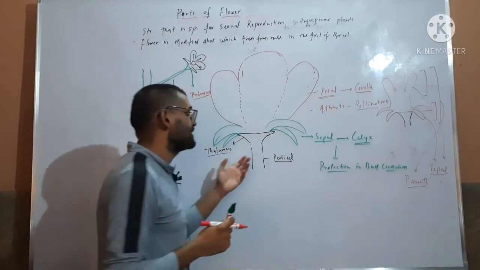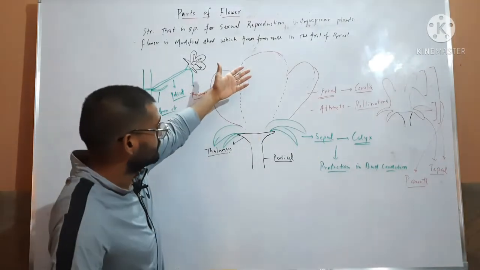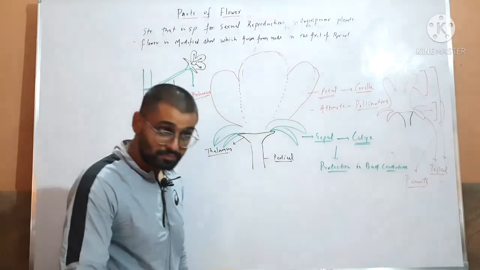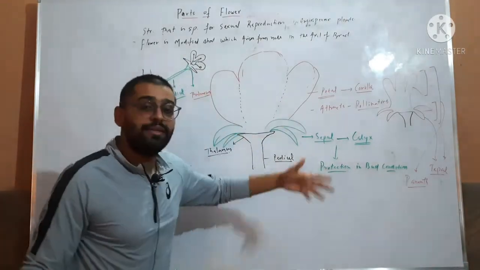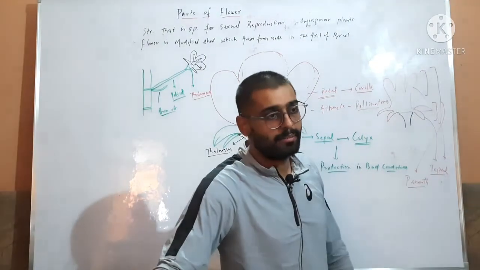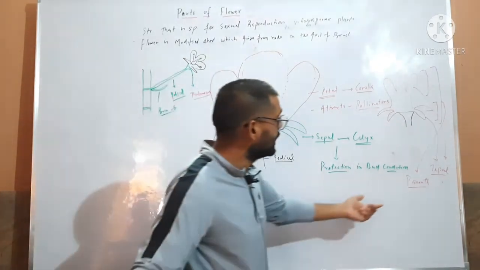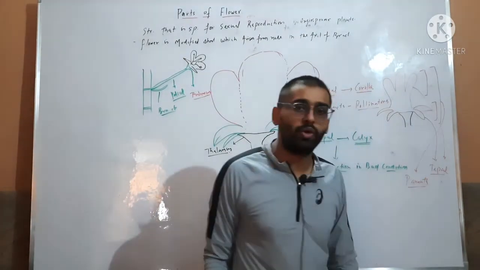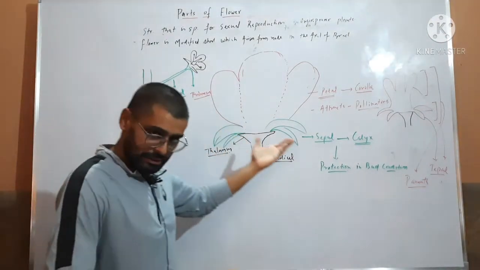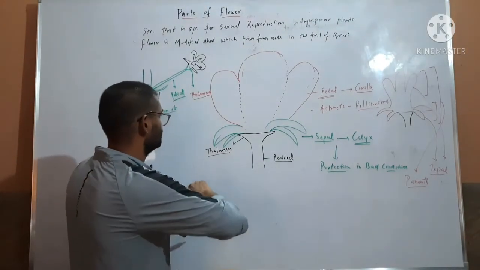So if they are differentiated, calyx is green colored and corolla is brightly colored, then they will have separate names. But when both of them are not distinguished from one another, then they will be called perianth and the single unit will be called tepal. So these are two whorls. Outer whorl is calyx, inner to this is corolla, and next to this is stamen.